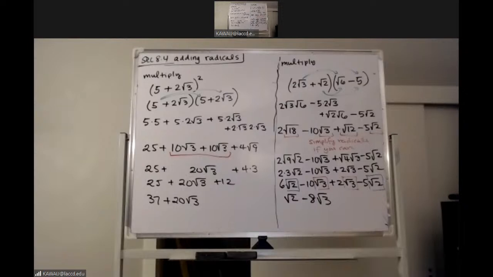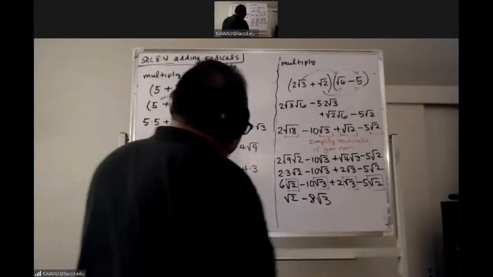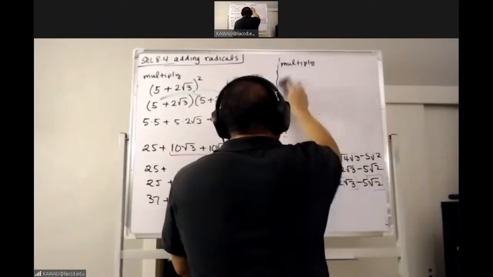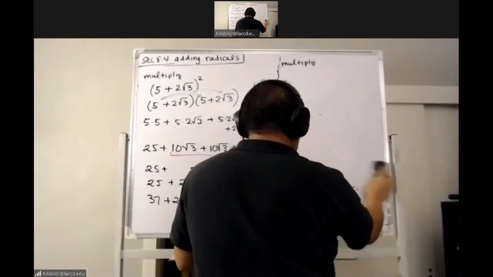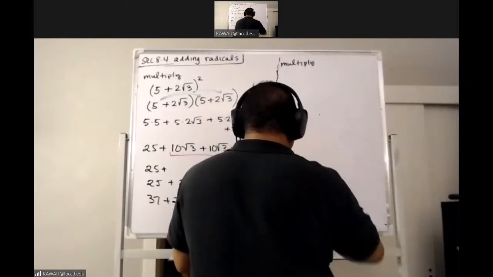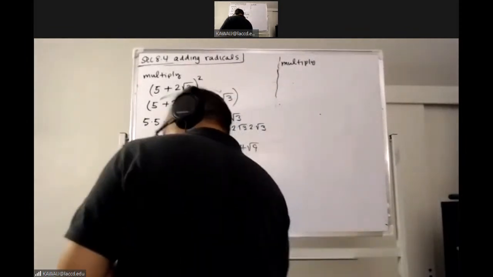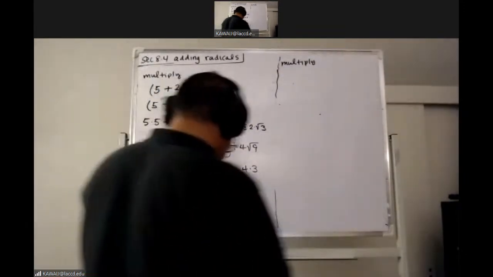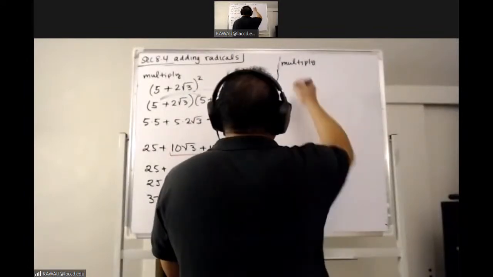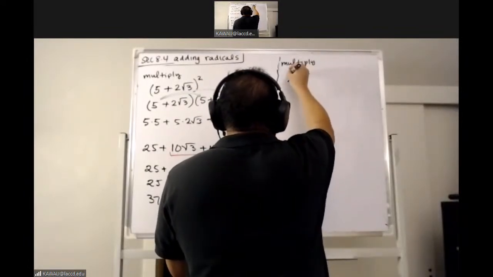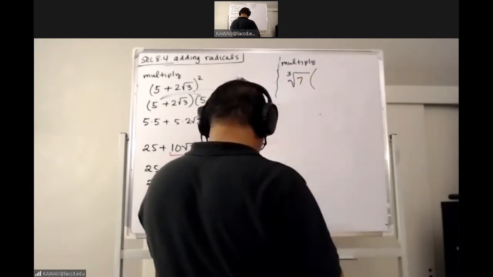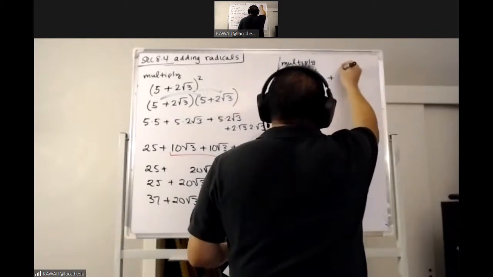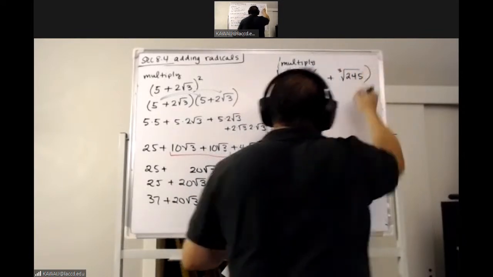So let's do one last one where we deal with a really big index and really big numbers. Okay, so this one looks like cube root of 7 times 3 plus cube root of 245, like that.